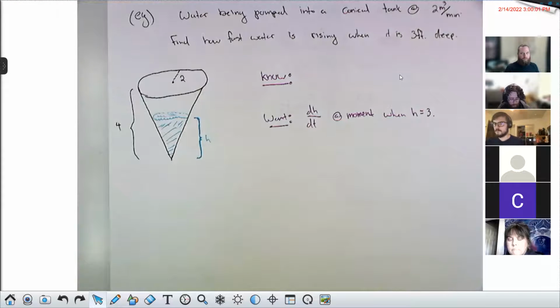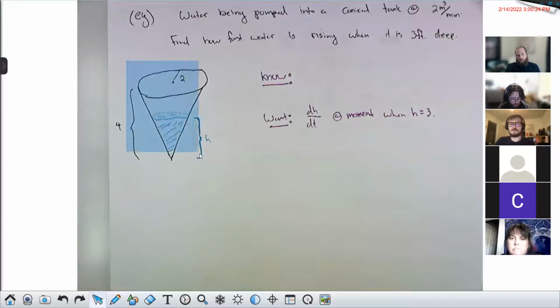The rate of change they gave us, this 2 cubic meters per minute, what is that? The volume. Yeah, that's a rate of change of a volume.